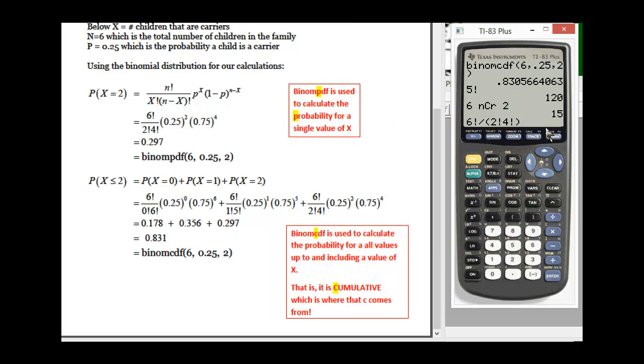So this expression is exactly the same as this calculation by your calculator. That actually comes up to 15. So it's just something extra if you want to abbreviate some of your calculations. And that is it. This handout will be up on our website, and hopefully that'll help you check out some of your calculations.